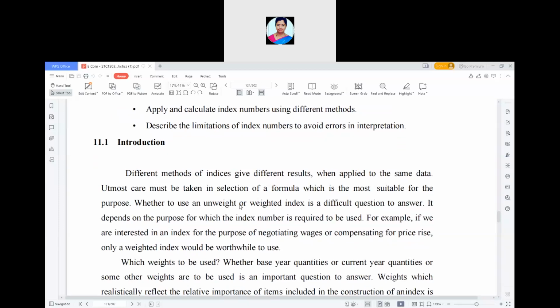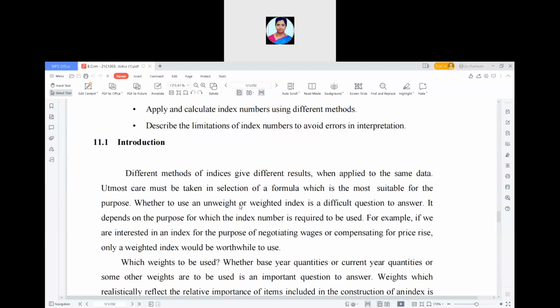Whether to use an unweighted or weighted index is a different question to answer. It depends upon the purpose for which the index number is required. For example, if you are interested in an index for the purpose of negotiating wages or compensating for a price rise, only a weighted index can be used.